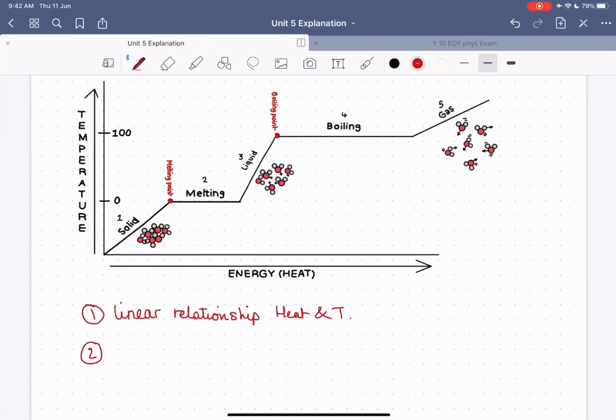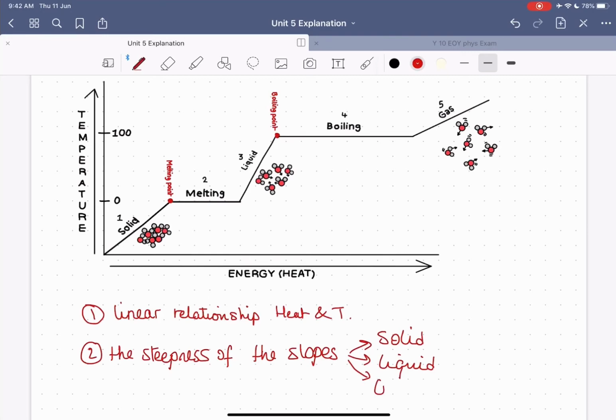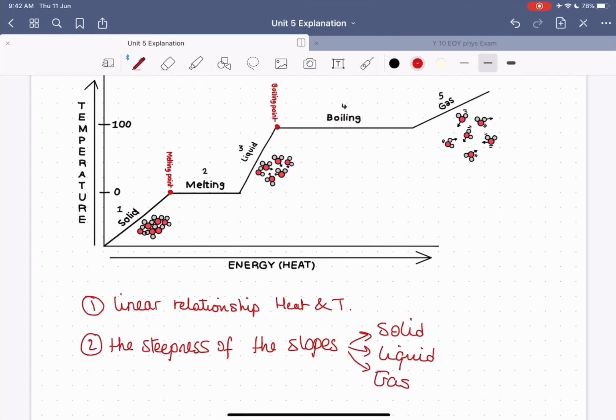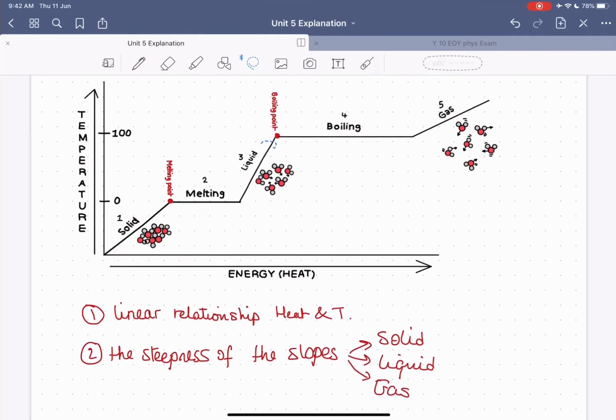Second thing that we need to know is that if we compare the steepness of the slopes during the phases solid, liquid, and gas, we can notice that it is not the same steepness. So let me take, let's say, this slope from the liquid, compare it to the solid.